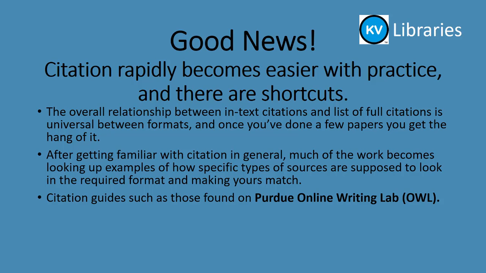Software such as Noodle Tools, offered through KBCC's library's website, which automatically puts your source information in the desired citation format and helps organize and manage your research, can also save you a lot of work and time. Check out the short video tutorials for each of these resources on KBCC's Citation LibGuide to learn how to use them.